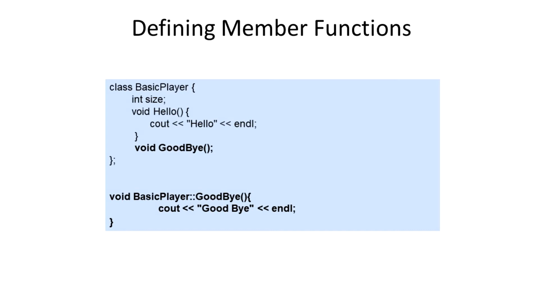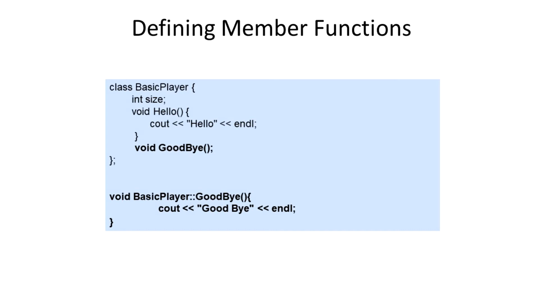Okay, in this case, it's presumably still in the same file, but just outside the scope of the class declaration. So here you'll notice that we have to refer to which scope the function is to be found in. This is where we need to use the scope resolution operator. Okay, so you'll see here that we need to define the return type for the function, first of all, which is void in this case, and then the class name, and then the scope resolution operator, which is the 2 colons, and then followed by the function name.